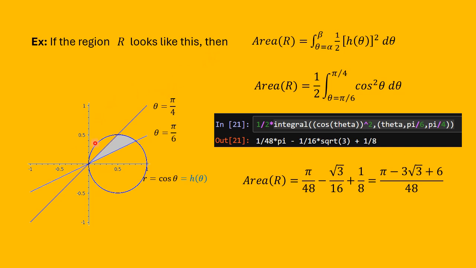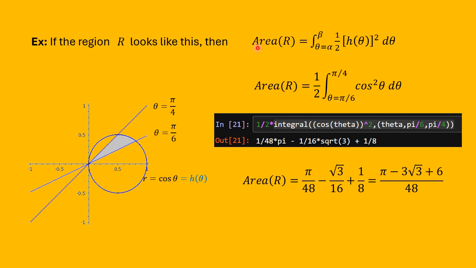So suppose we have a region like this. Here is a curve r equals cosine of theta. Here are two rays, theta equals pi over 4 and pi over 6, and the region R is Carolina blue right in here. So let's see what we can do with that.